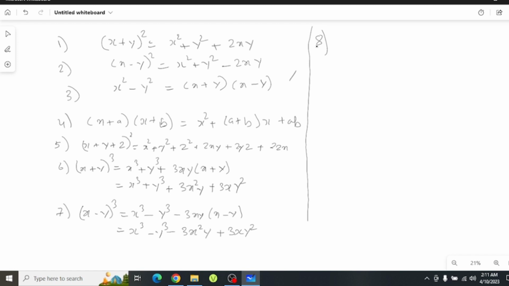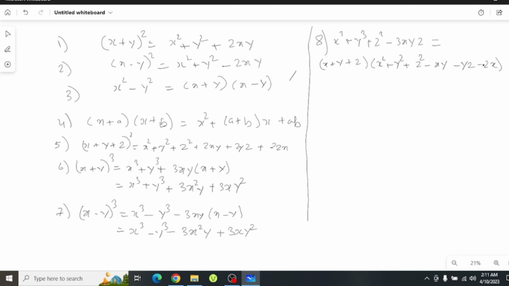Then number 8, x³ + y³ + z³ − 3xyz. This is equal to (x + y + z)(x² + y² + z² − xy − yz − zx).